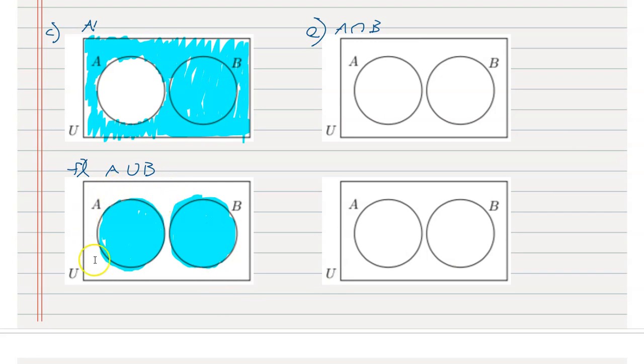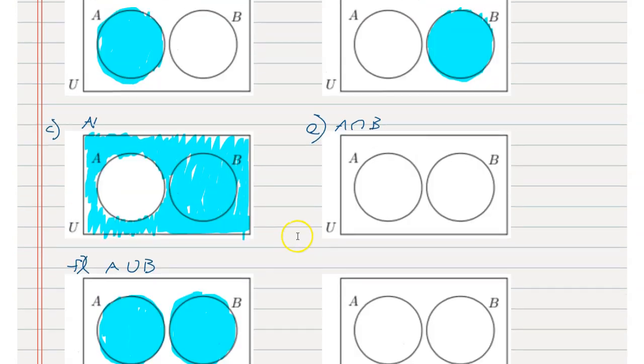Notice I didn't shade anything outside of A and B because the question's only asking the union of A and B, so the contents of A and B merge together.